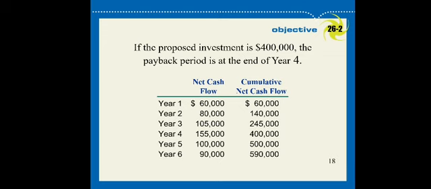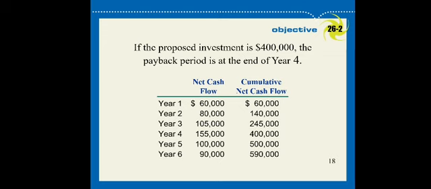After you have listed all the unequal net cash flow, you have to calculate the cumulative net cash flow. Cumulative net cash flow means cash flow year 1 plus cash flow year 2 plus cash flow year 3 plus cash flow year 4, and then plus year 5 plus year 6.